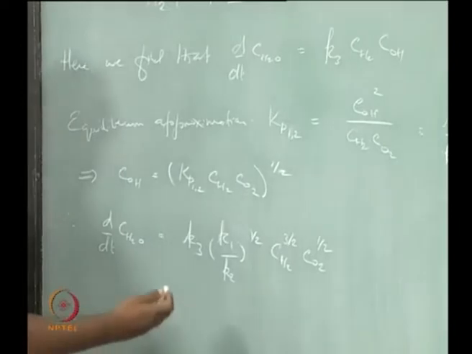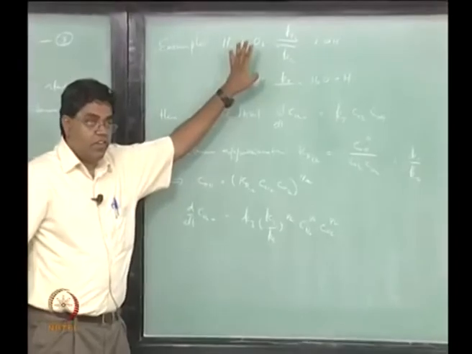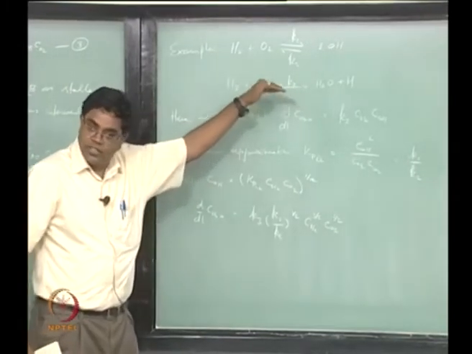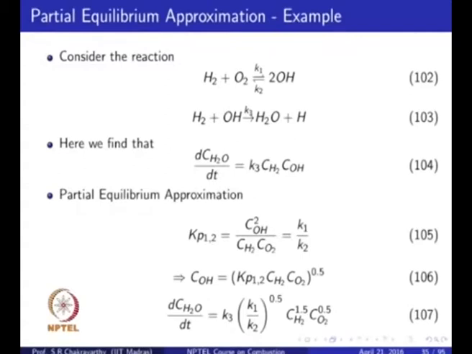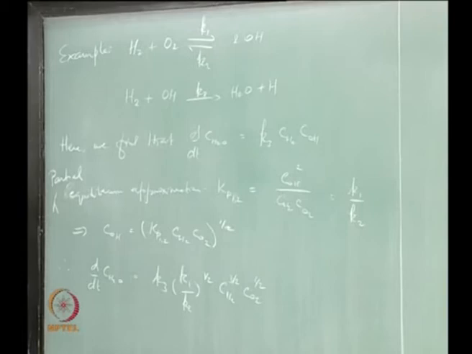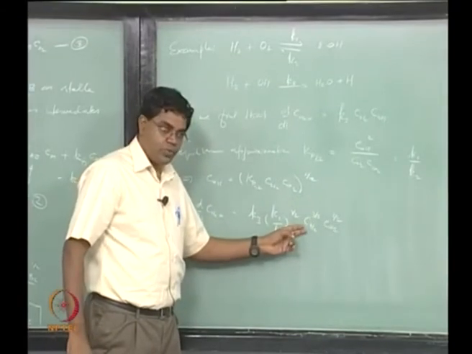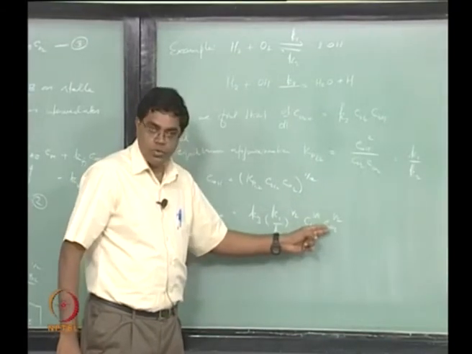What it means is if you were having this as the reaction scheme, like a 3-step reaction scheme for production of water, right, then the partial equilibrium approximation tells you that the rate of production of water actually depends to the 3/2 power of CH2 and 1/2 power of CO2, okay.